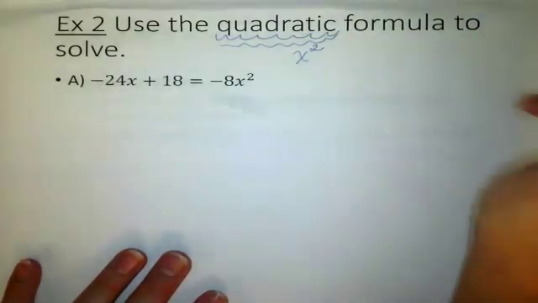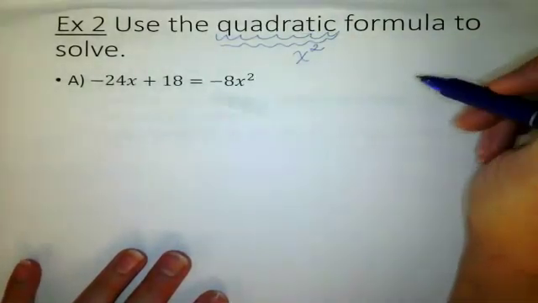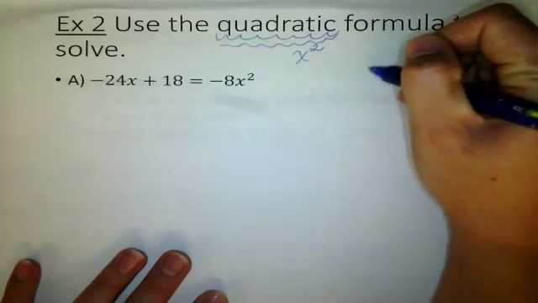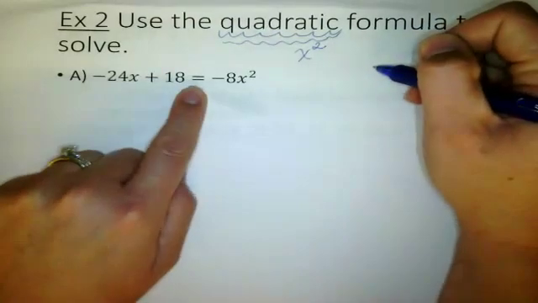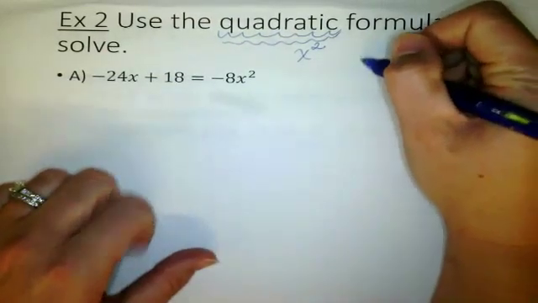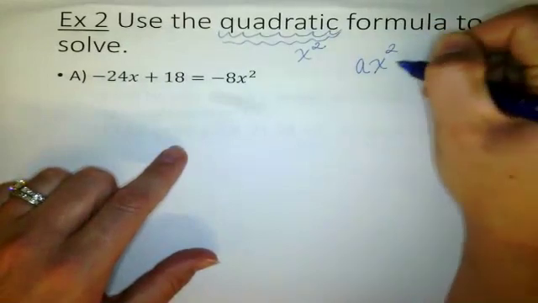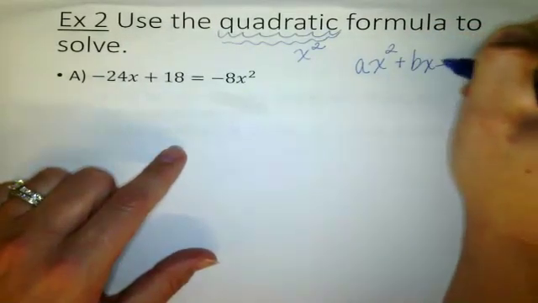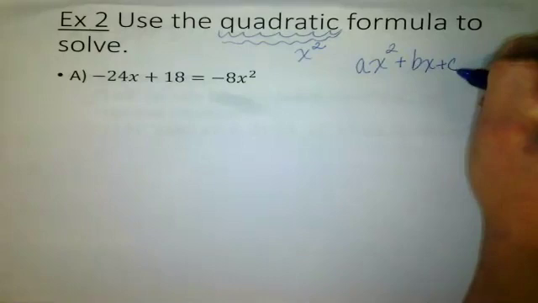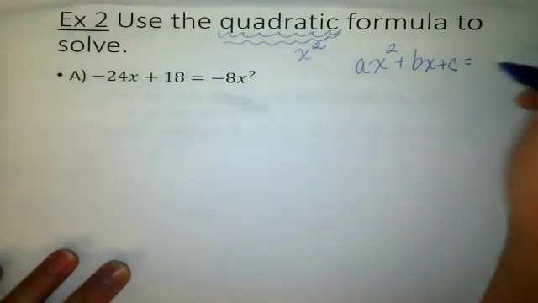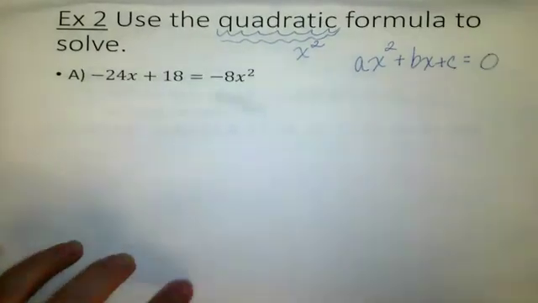So the quadratic formula we're allowed to use when we have a quadratic equation, equal sign, in standard form. And standard form is ax squared plus bx plus c is, Nick? What did you say? Nick, 0. Equal to 0. That's what you were talking about. Good.